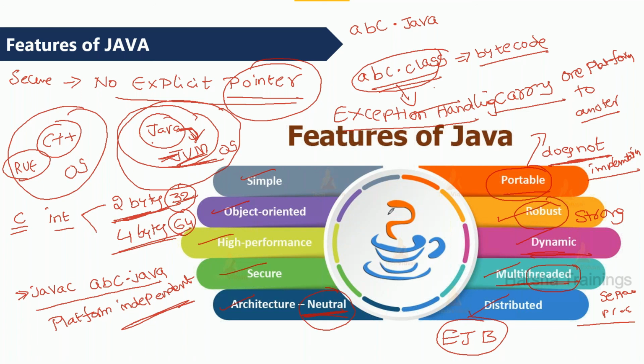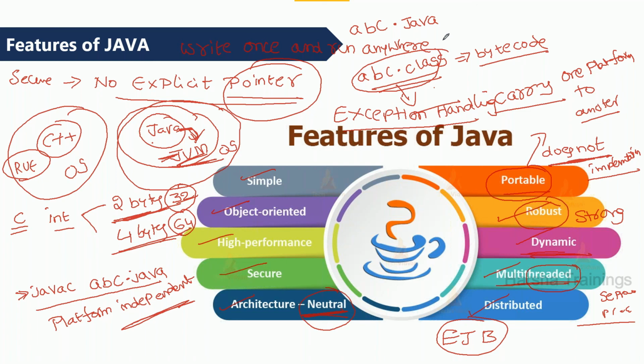That means you write a Java program only once, and you can run the program anywhere. Java has a slogan: write once and run anywhere. So whenever we move to another machine, there is no need to install any software.